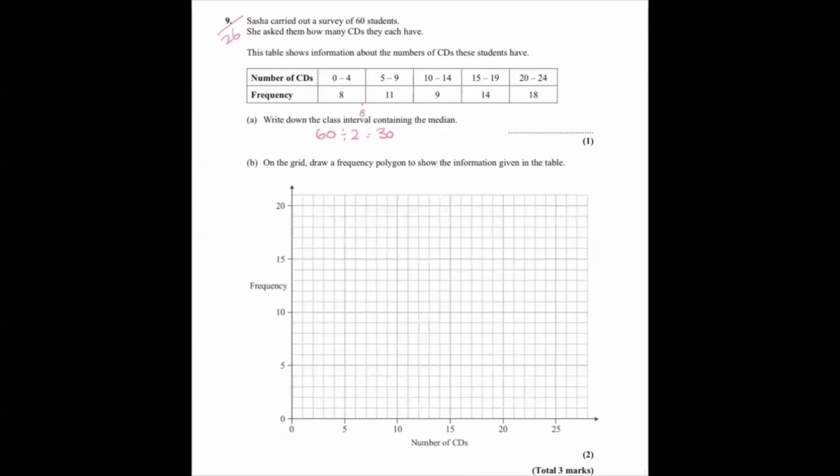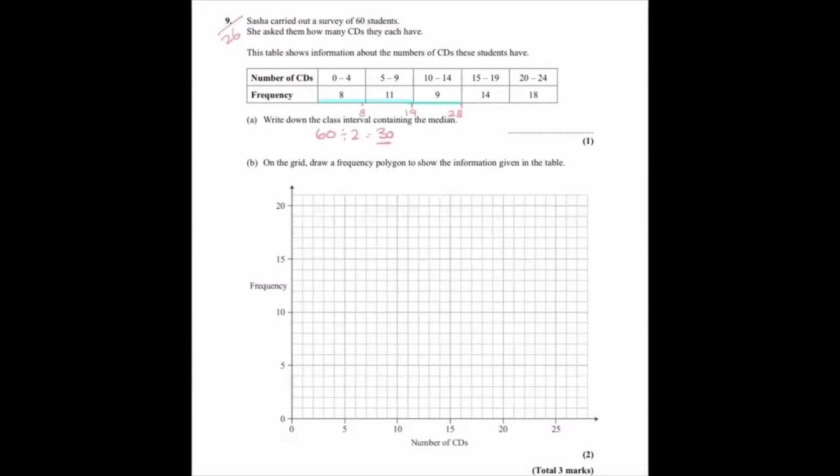If I add on the 11 students that have 5 to 9, I will be at a total of 19 students as I stretch my way along the frequency. If I go along the frequency again, I can see I'm going to add in another 9, which is going to take me to 28. But remember, I'm trying to get to 30.